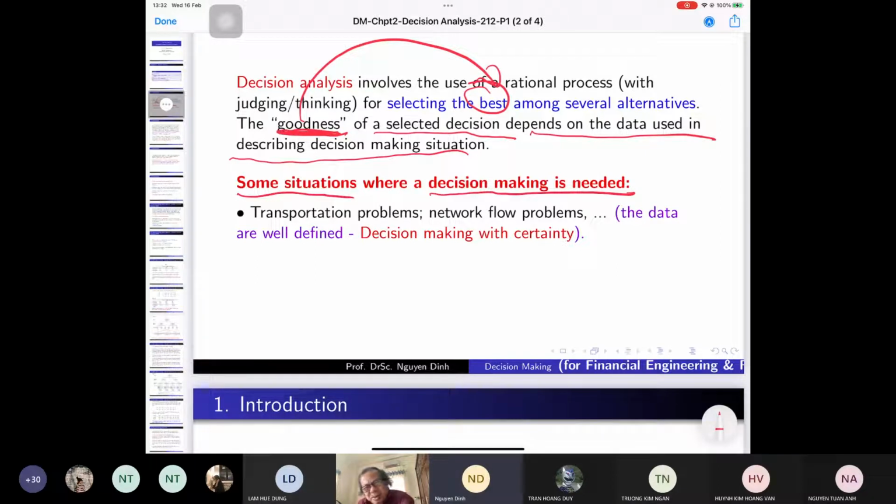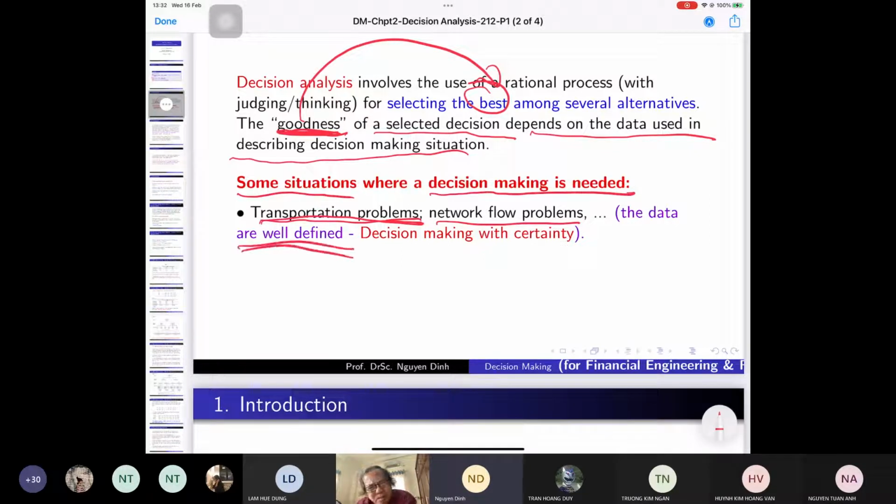In many cases you will need to make a decision, like in the transportation problem or the network flow problem. These topics you will learn if you continue studying optimization.